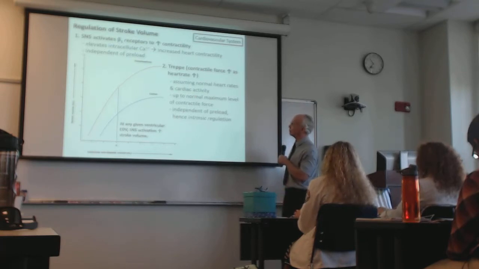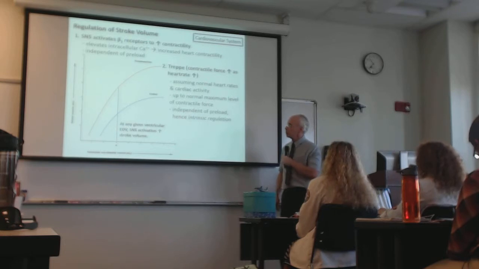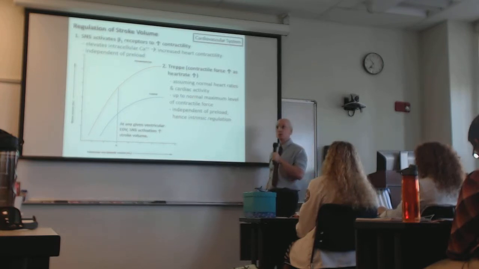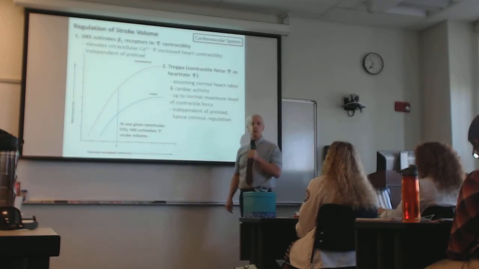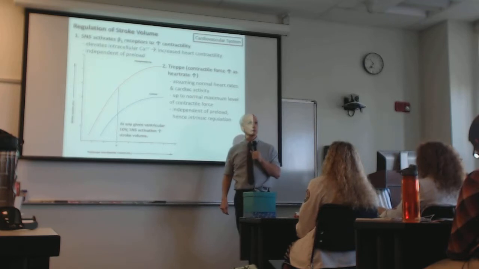That's in part related to Starling's law. But at some point, it's going to break down. Why does it break down? Why is treppe not a universal principle that applies to all frequencies of heart contraction? The volume will go down eventually.